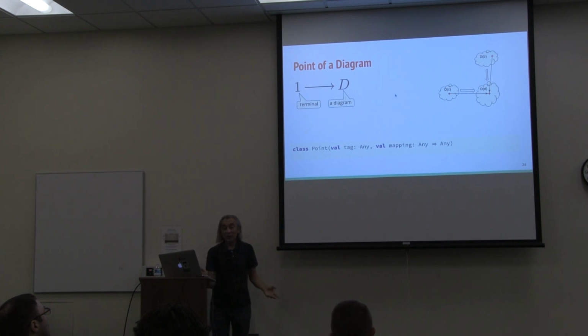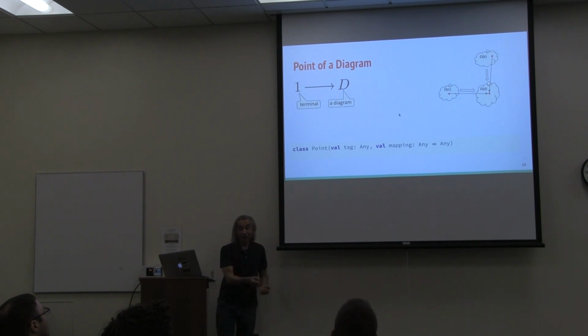So that's all that we need for a point, except that unlike sets, in diagrams, things don't all consist of points. Imagine this part is empty, or this part is empty. So there's no point there. So we can have partial points. I'm not going into partial points, but just keep in mind, some objects just don't consist of points.